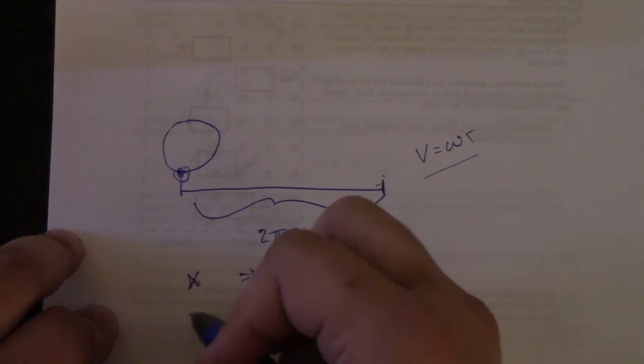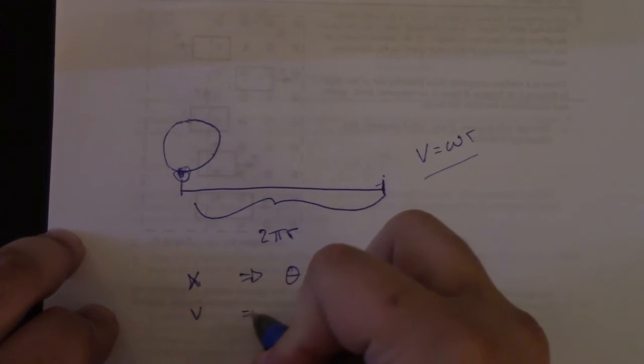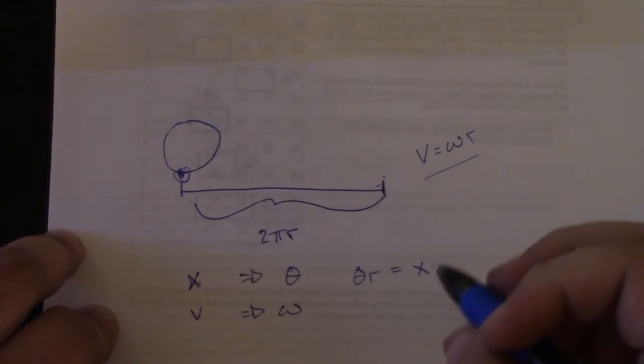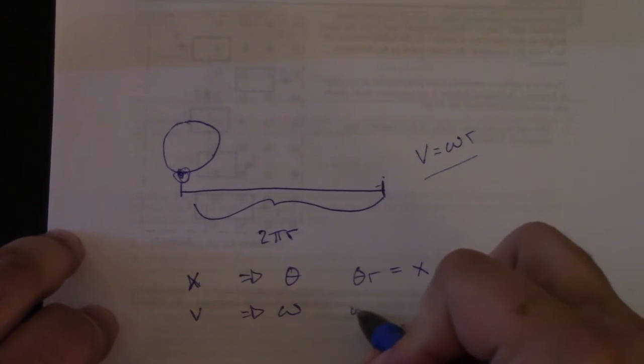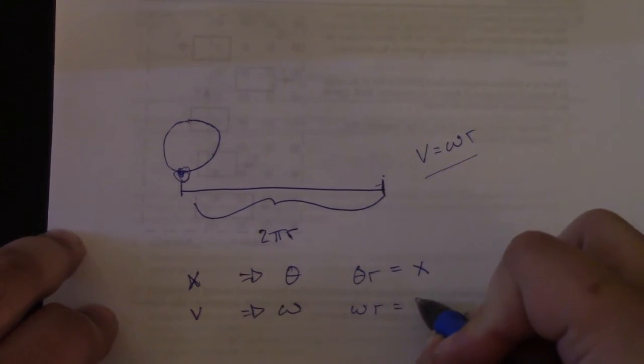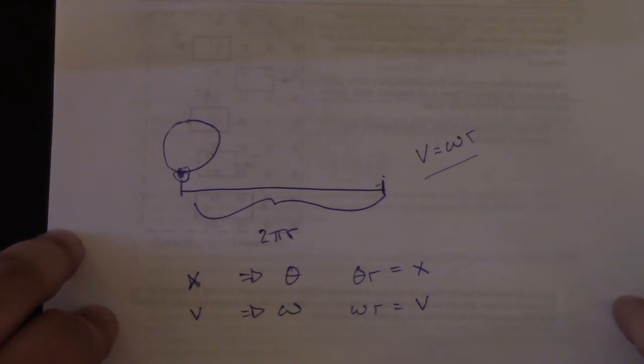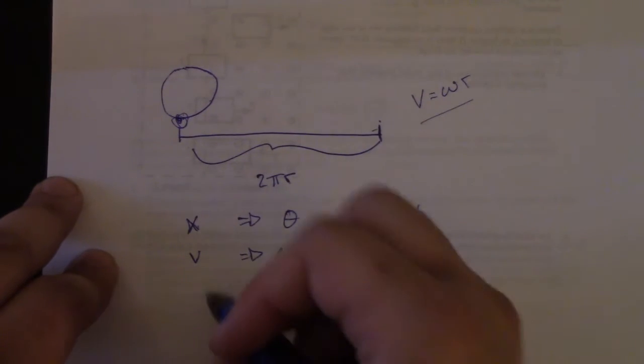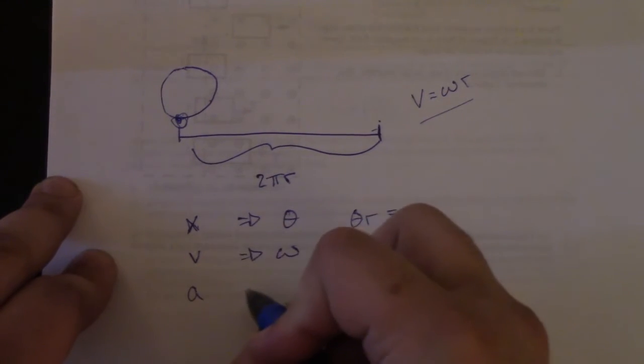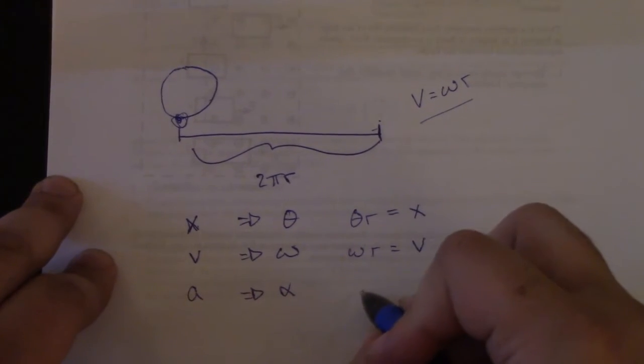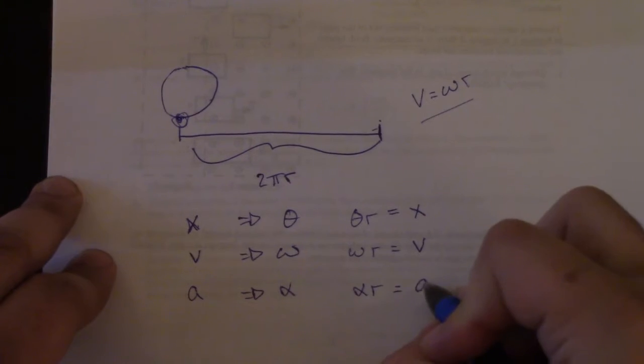Similarly, you have velocity, which corresponds to omega, which looks like a W. And omega r for non-slipping is equal to v. And then it's not super important for this lab, but there's also an acceleration analog, which is alpha. And similarly, alpha r is equal to a.